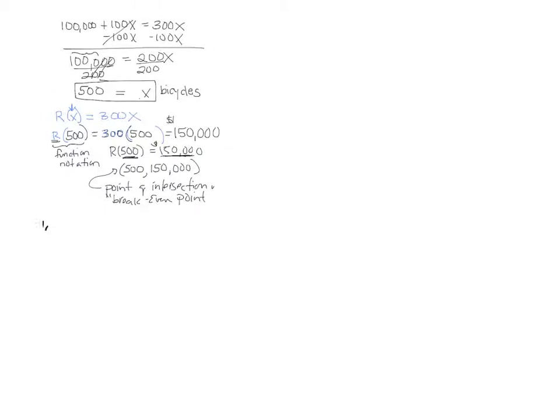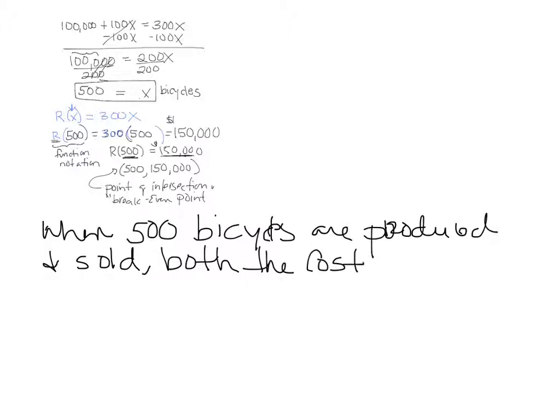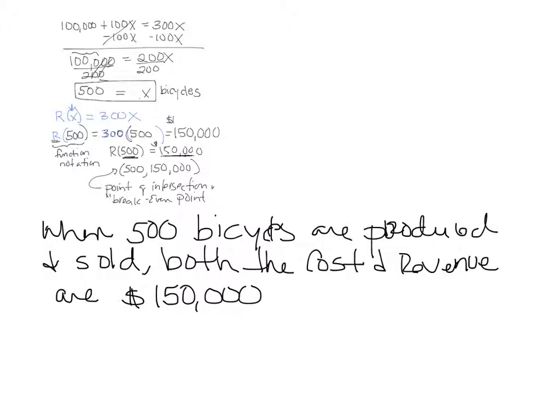This means when 500 bicycles are produced and sold, both the cost and revenue, our C of x and R of x, are $150,000. So that's what the break-even point means.